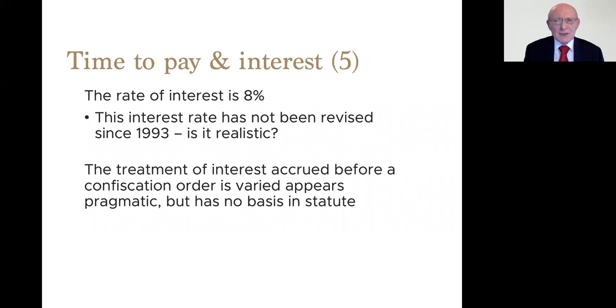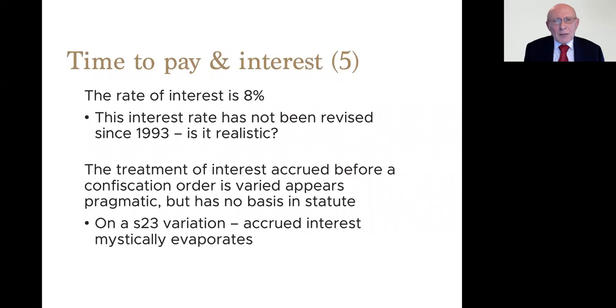What happens to the interest that's accrued since the order was made? Well, mystically, the accrued interest evaporates. Now, again, that's pragmatic. If we're saying that this defendant has only got X pounds to pay his confiscation order, then X pounds is what we're going to get. X pounds is what we ask him for.